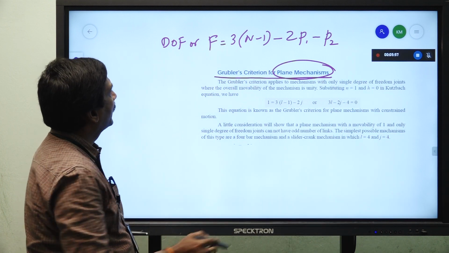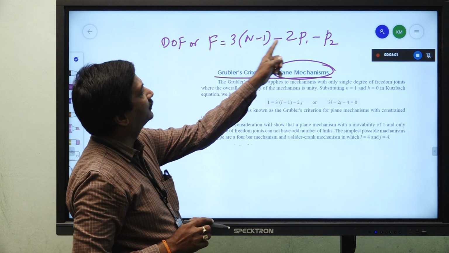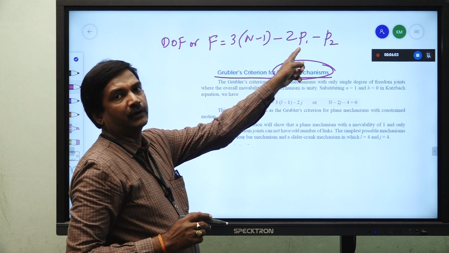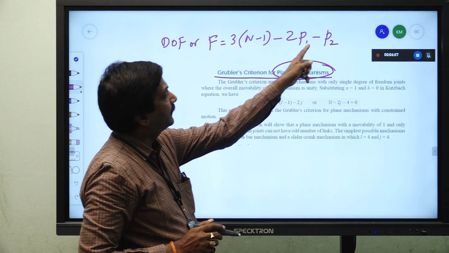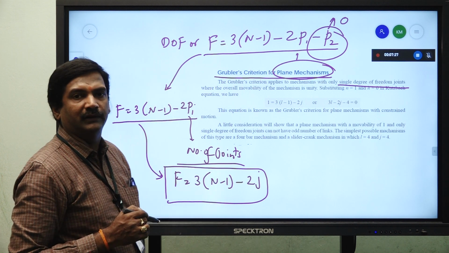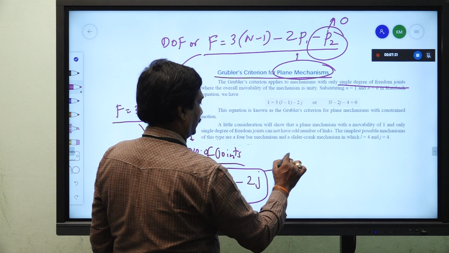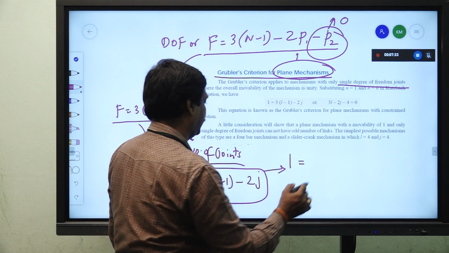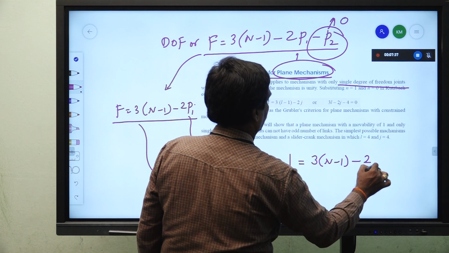That means F is the degree of freedom, n is the number of links, p1 is the number of pairs or joints causing single degree of freedom, and p2 is the number of higher pairs. If it is applied for single degree of freedom, F = 1, so 1 = 3(n - 1) - 2j.